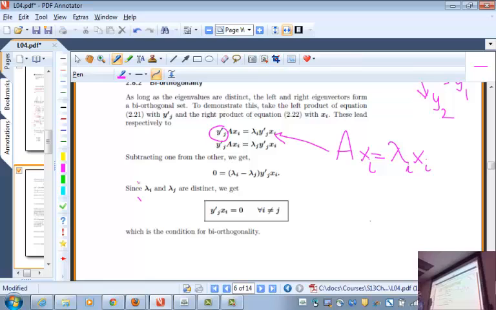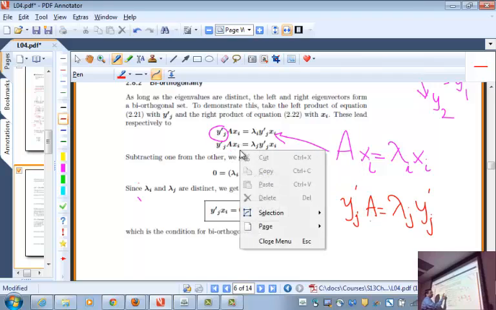Then I do the same thing for the second equation, where I start with y_j transpose A equals lambda_j y_j transpose, and I right-multiply this by x_i.